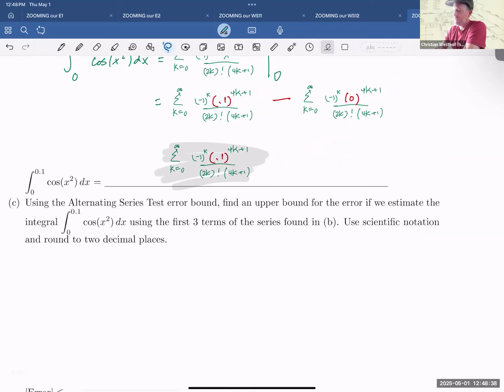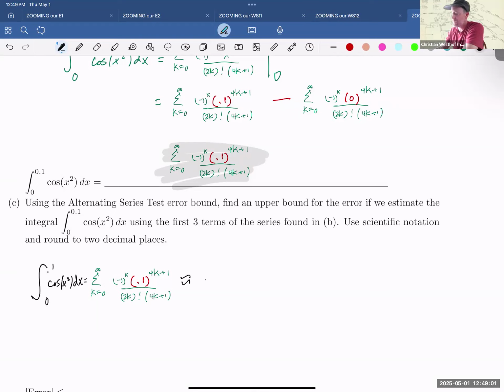So let's take the series. There we go. Okay, so we have said that the integral from 0 to 0.1 of cosine x squared dx equals that thing, which is estimated by the first three terms.